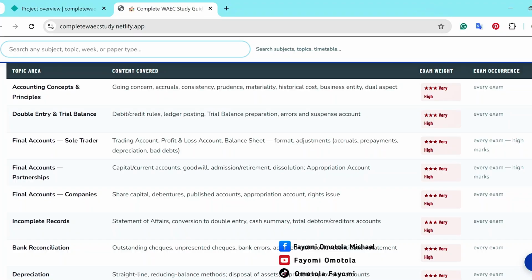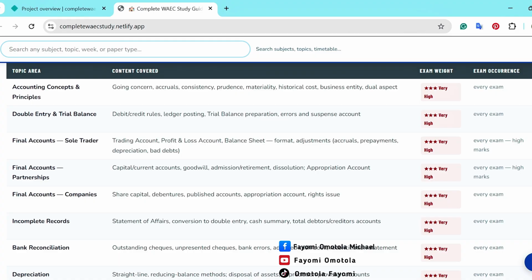So we look at accounting concepts and principles, double entry and trial balance, what is expected there, what area they will cover, the content of those subjects. Is it financial accounts, partnership, company final accounts, incomplete record, bank?